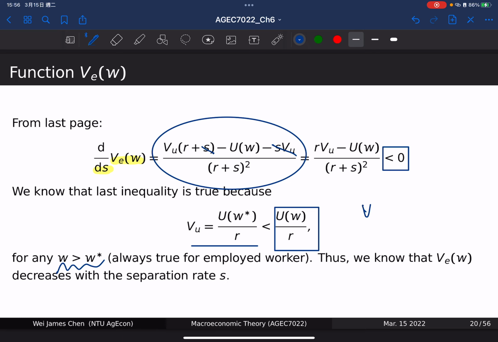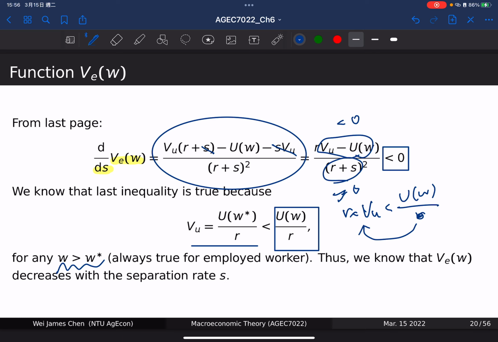So since VU is less than U of W divided by R, then R VU is less than U of W. So this term is negative. And this must be positive. So the whole thing is going to be negative.